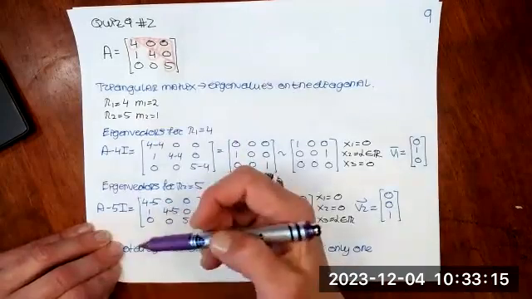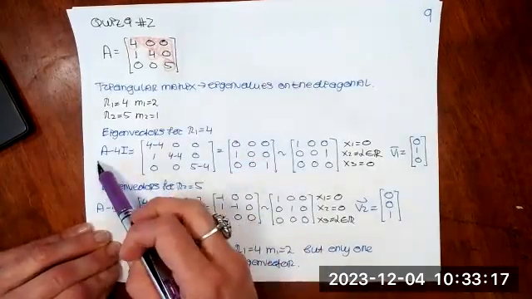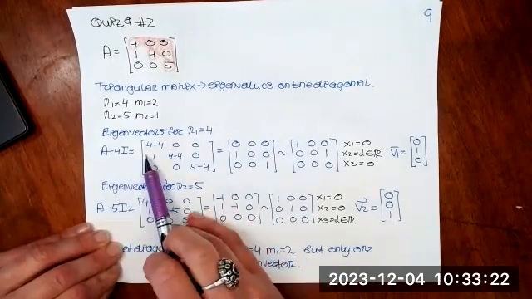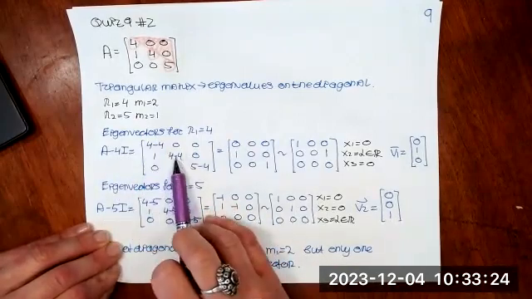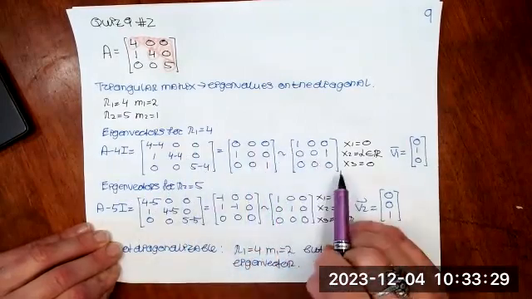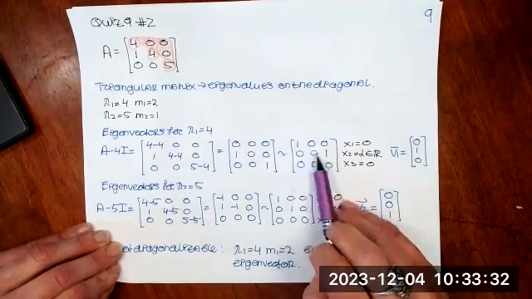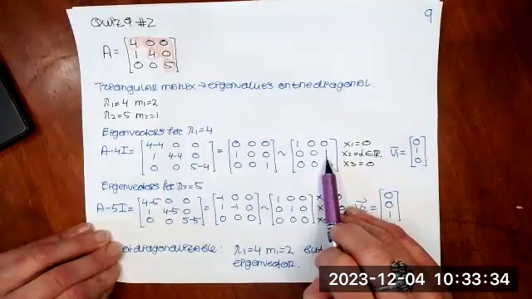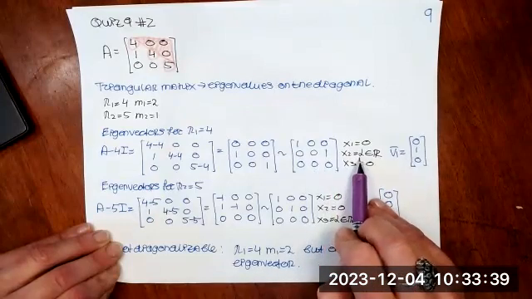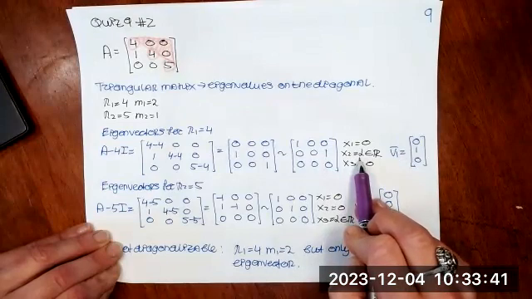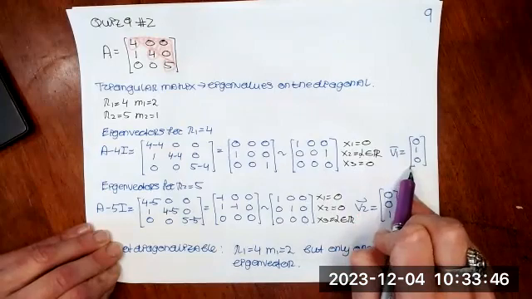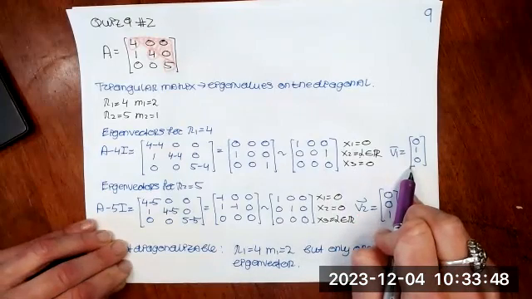When you start doing your eigenvectors, you write down A minus lambda I for lambda 4 and lambda 5. So for lambda 4, you do A minus 4I. You can simplify and bring it to row echelon form. Here it looks like I have 2 pivots in a 3 by 3 matrix, so I only have one free variable, x2 equals alpha. If I have one free variable, I'm going to have only one eigenvector spanning the eigenspace.